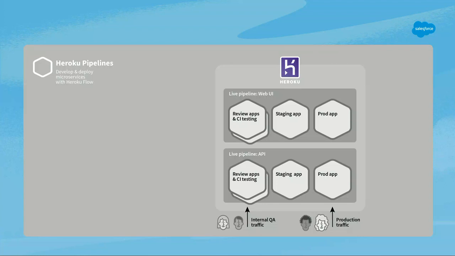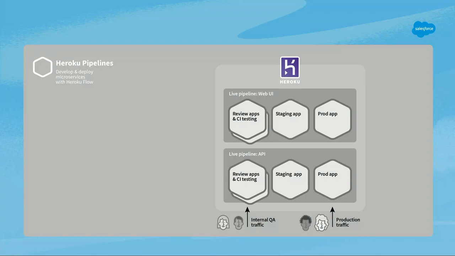OK, so pipeline is actually becoming a more standard kind of construct across other providers as well. But it essentially lets you set up your testing and staging environments all the way to production so that you can have a really great collaborative experience with your team to test new features, promote them through, have QA look at them, and then out to production.